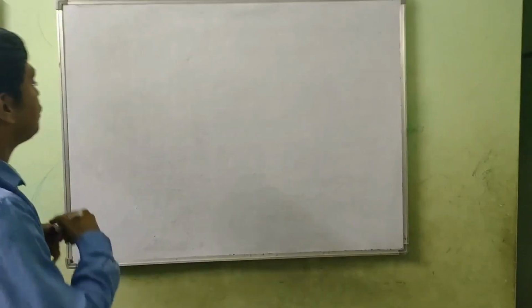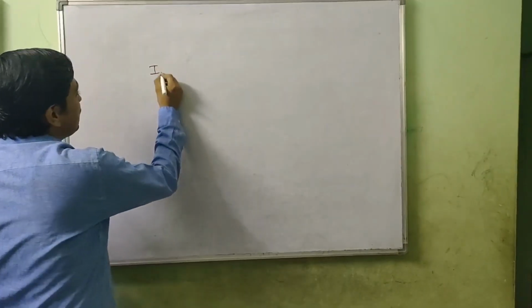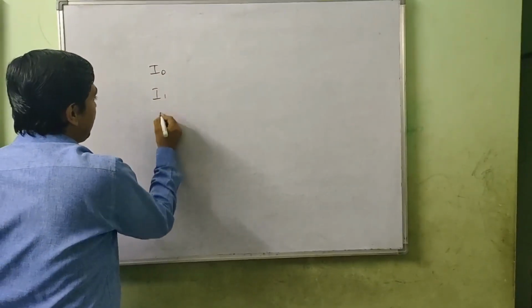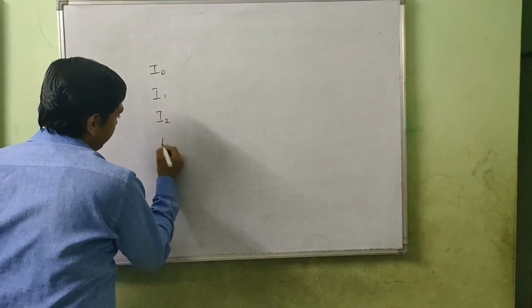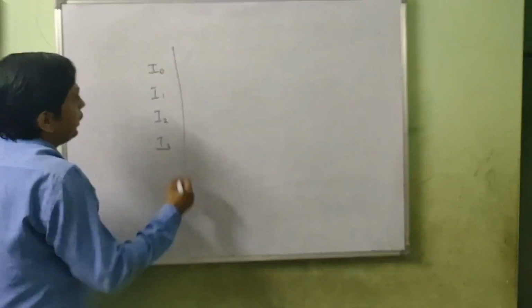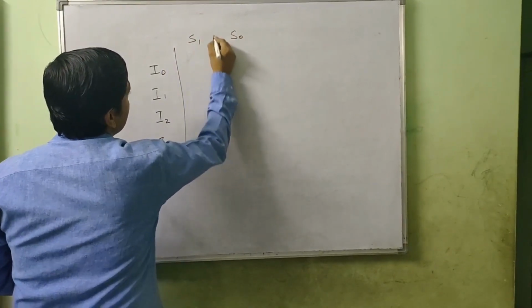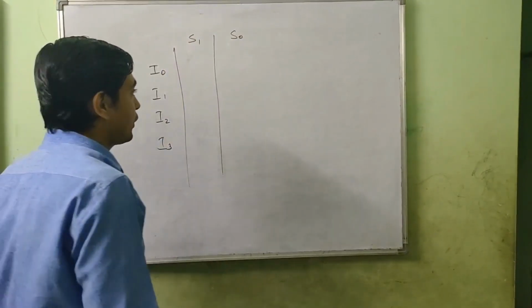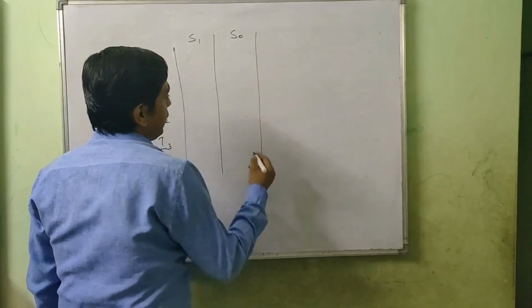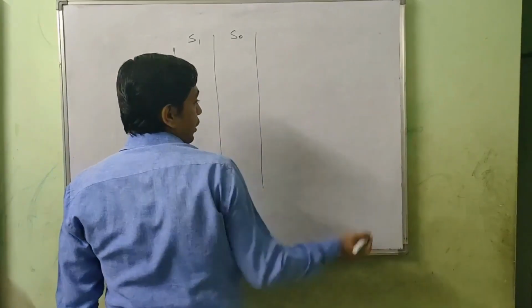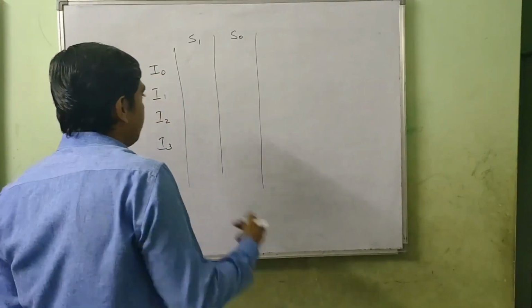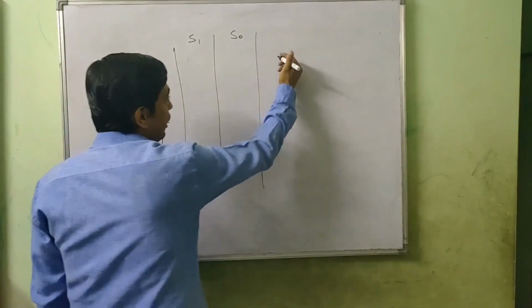For that, you should know your input lines. Suppose there are 4 input lines, I0, I1, I2 and I3. Okay, now there will be 2 selection lines, of course, S0 and S1. Now there will be, of course, one output only, but out of these, which one will be the output?